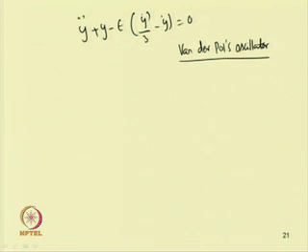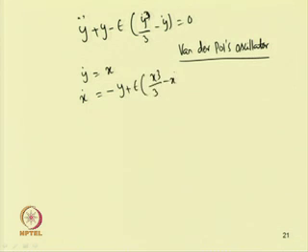One can write this equation as a set of first order equations. Let me put y dot equal to x. So, the second equation becomes x dot, that means y double dot, x dot equal to minus y plus epsilon into (x cube by 3 minus x). The equilibrium points are found by putting x dot equal to 0 and y dot equal to 0.